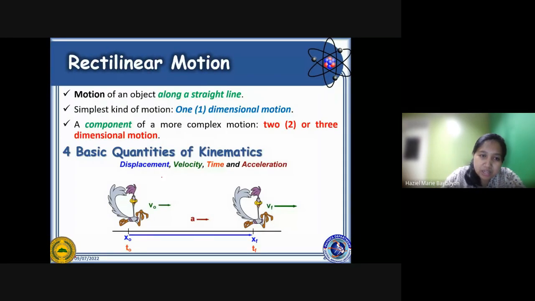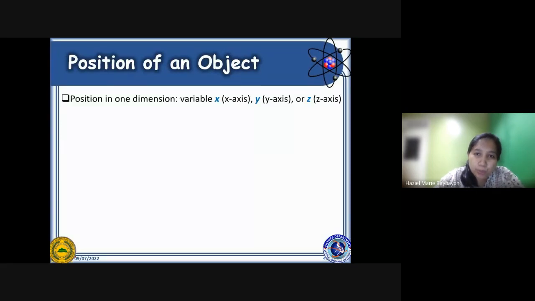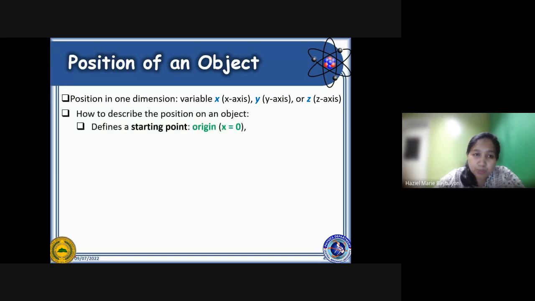Okay, so let us, before we define these physical quantities, let us start first with the position of an object. Okay, so we can have position in one dimension, so it varies only with x or y or z. Okay, now how do we describe the position of an object?